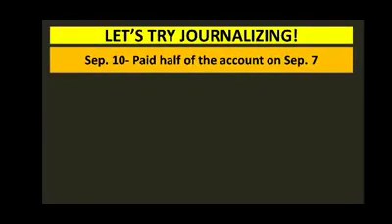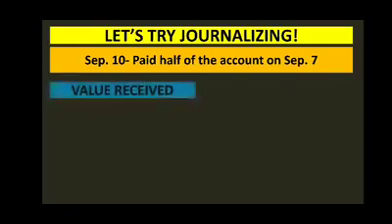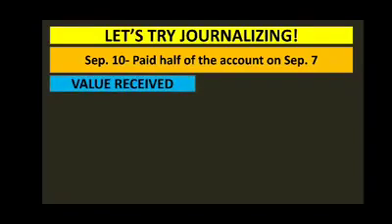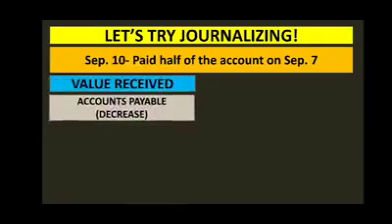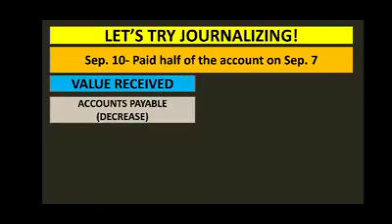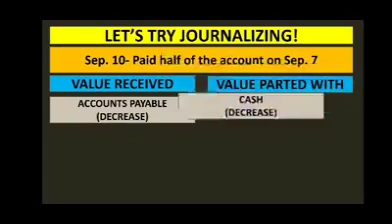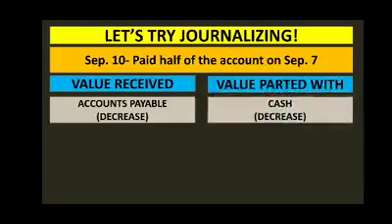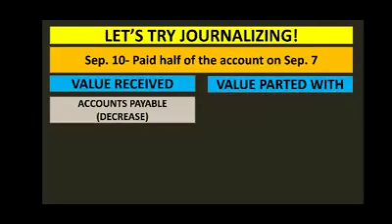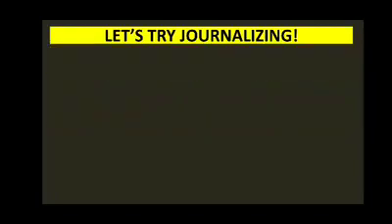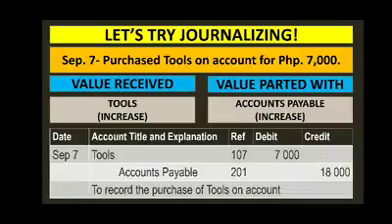Okay, next is September 10, paid half of the account on September 7. So, value received, of course, nabawasan yung utang mo. So, accounts payable. And then, value parted with would be cash, kasi nagbayad ka ng cash. Ilan yung utang mo nung September 7? Tingnan nga natin. It's 7,000.